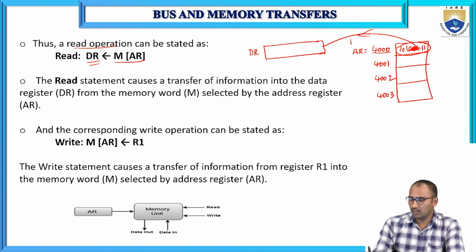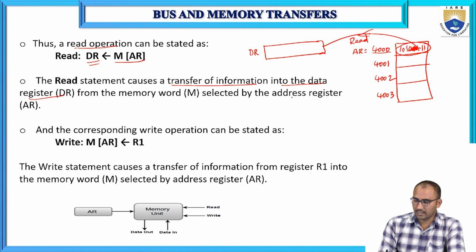This is a read operation. The read statement causes transfer of information into the data register from the memory word selected by the address register AR. I hope it is clear.